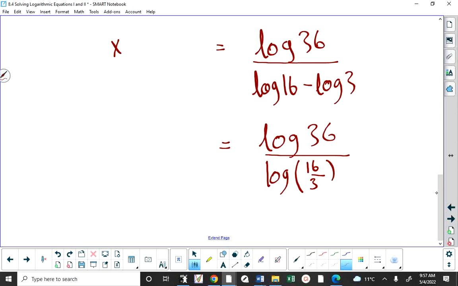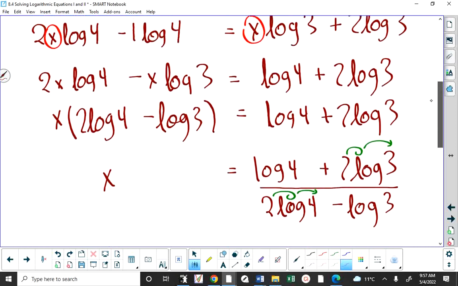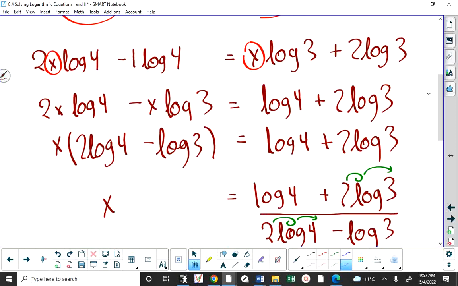The other thing I want to point out to you is that at this stage right here, where we went from this line to this line, we made a decision to move the terms that had x to the left.